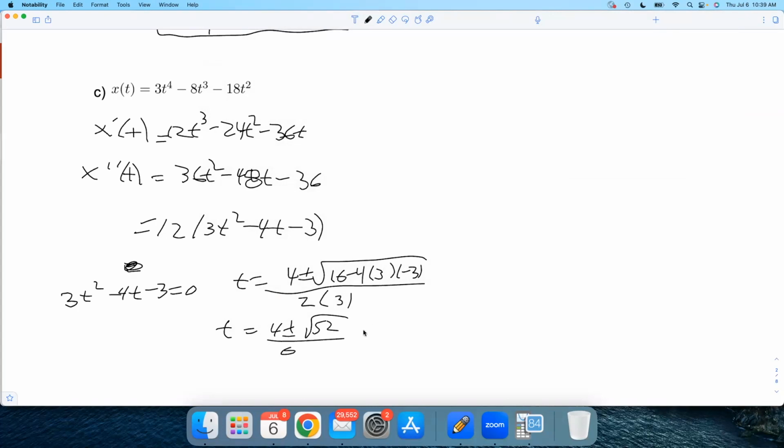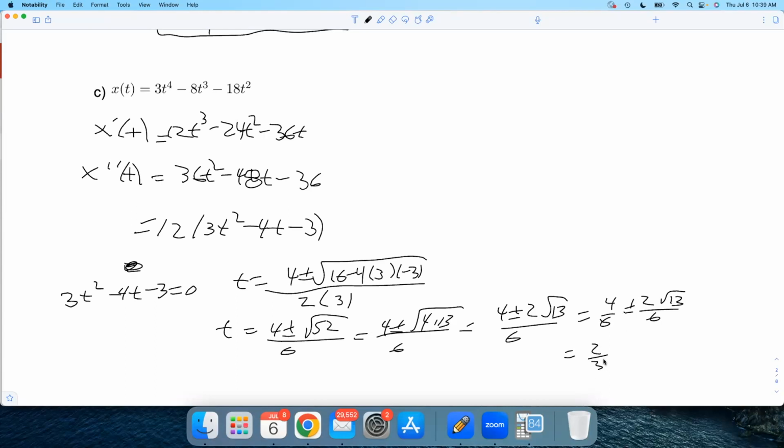Now, I'm going to go ahead and simplify that, because that's 4 times 13, and the square root of 4, of course, is 2. So that'd be 4 plus or minus 2 root 13 over 6. I'm going to split this up as 4 over 6 plus or minus 2 root 13 over 6. So 2/3 plus or minus root 13 over 3.